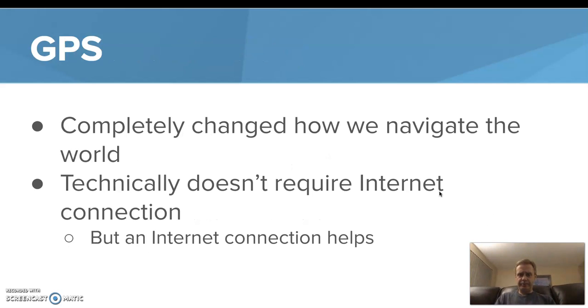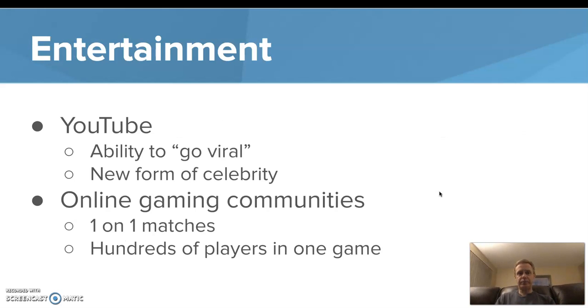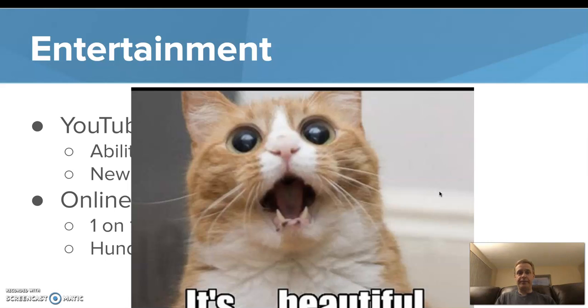And then GPS technically doesn't require the internet, but it definitely helps. And entertainment-wise, the internet definitely has been beneficial. YouTube allows various individuals to make their own videos and for people to watch them. And I'm sure there are individuals who enjoy online gaming. That definitely has been a huge benefit.